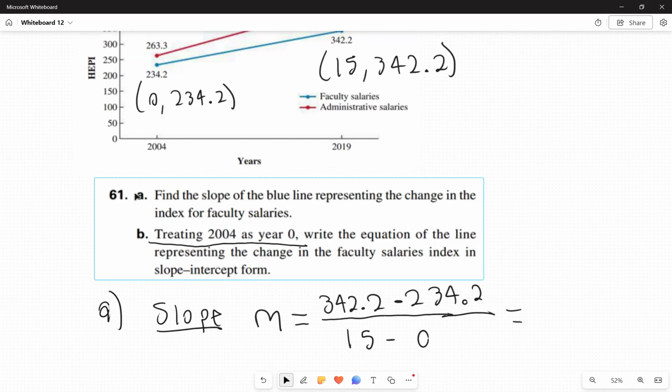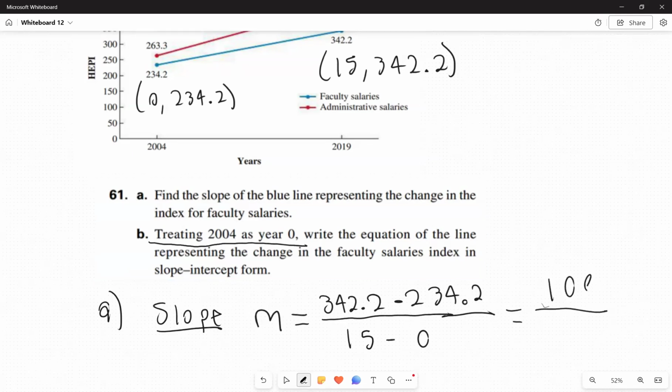So 342.2 minus 234.2, so let's calculate that. This is 108. 15 minus 0 is 15, so 108 over 15.